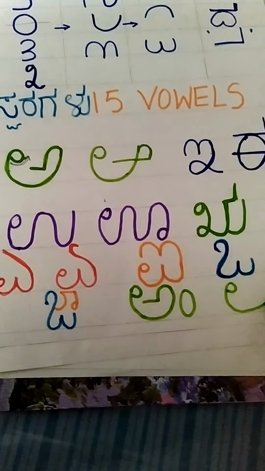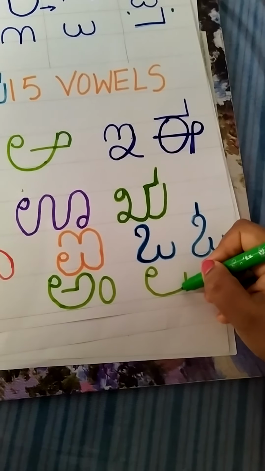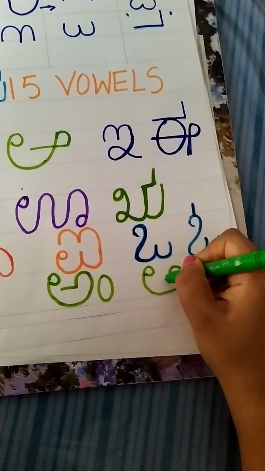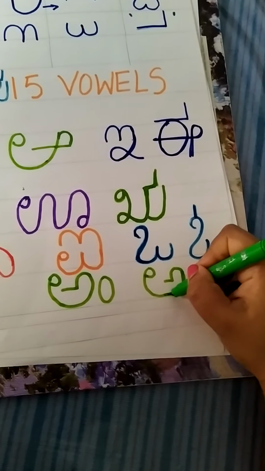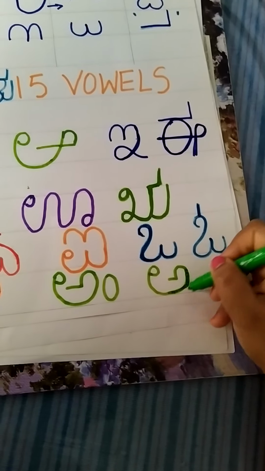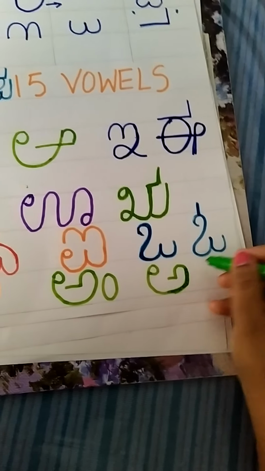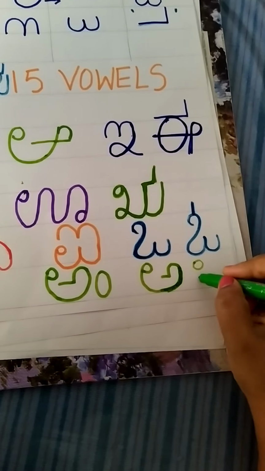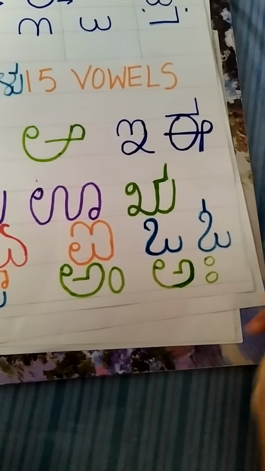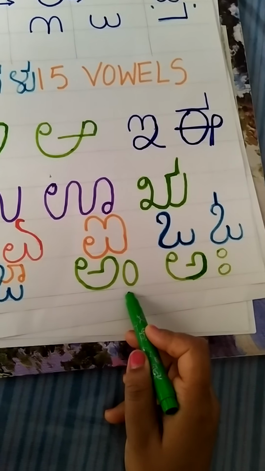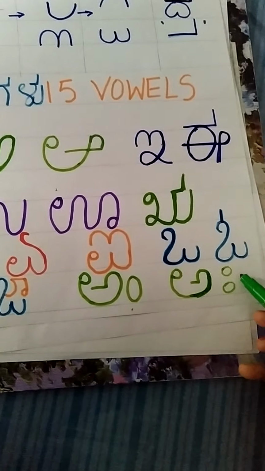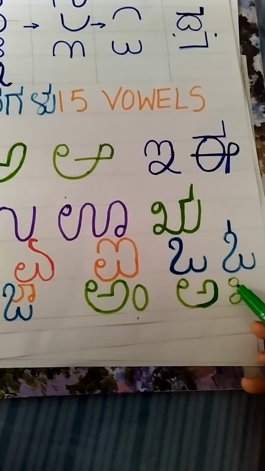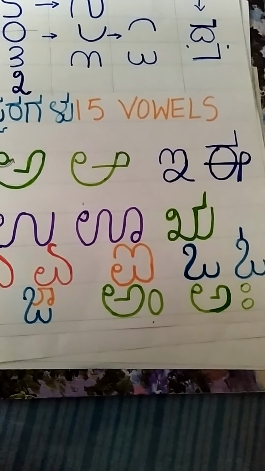Same, you have to write the same. For Am, you have one circle, or zero. For Ah, you have two rounds, two circles or two zeros.